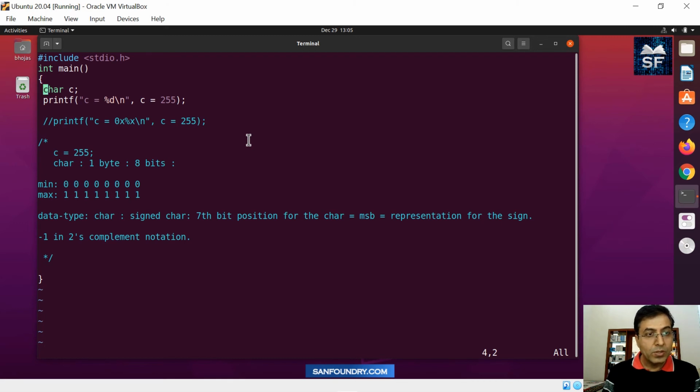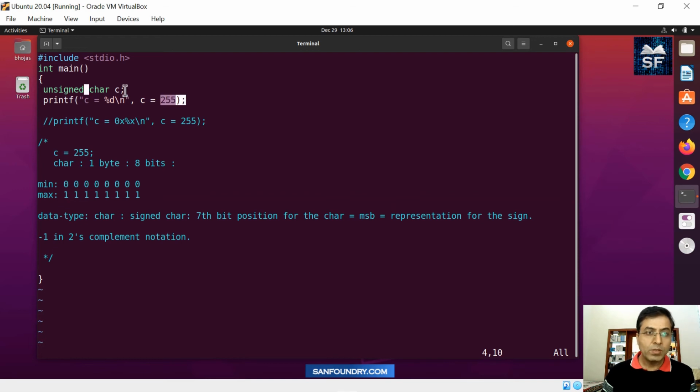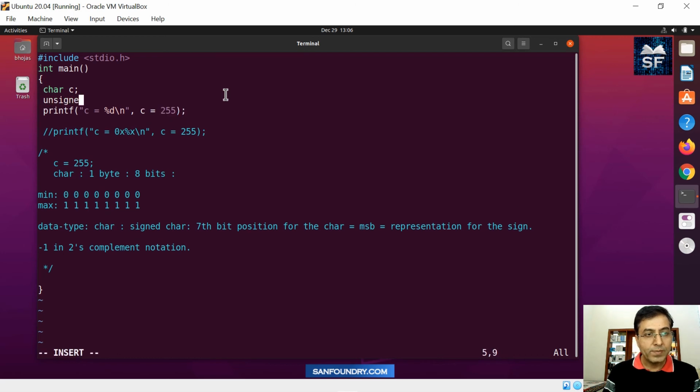Unsigned character means all the 8 bits represent a value, so they are not at all signed. And when you write 255, yes, it will be 255 only, isn't it? So how do we do that? We'll keep c as it is, and introduce one more character, an unsigned char, which we call UC. UC is an unsigned character.